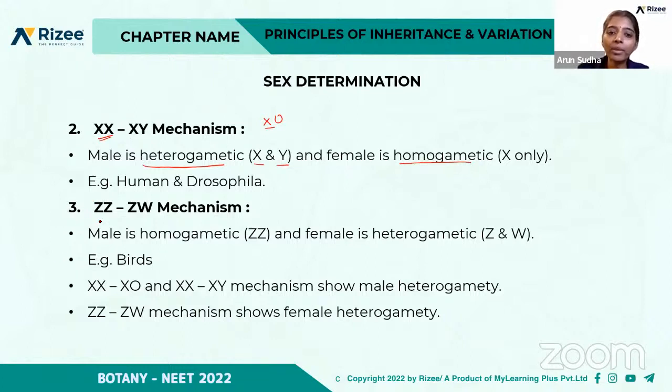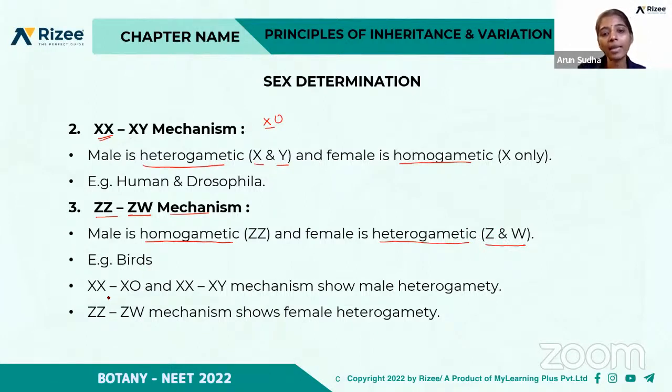Then the third type of mechanism is ZZ and ZW mechanism. So here it is different. Here if you see, the male is homogametic, that is ZZ, but the female is heterogametic. So it differs from other mechanisms in that here the female is heterogametic, that is it has Z and W. So examples are in birds.